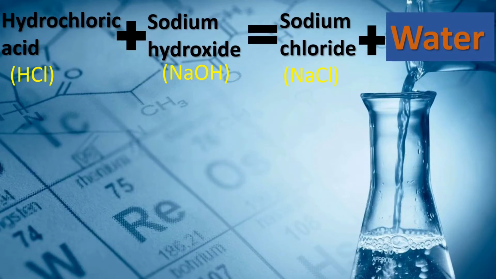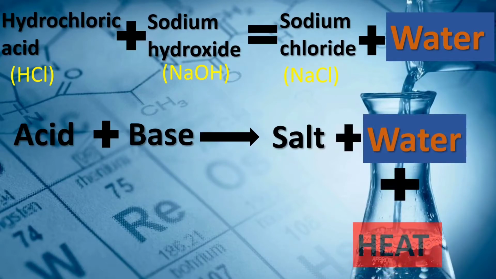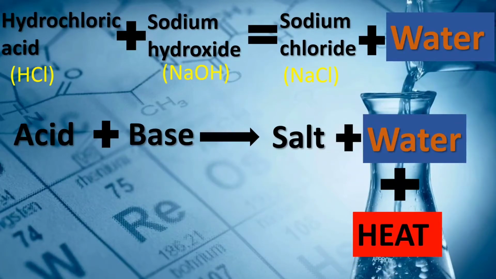So you have been knowing this reaction, that when an acid and a base are mixed, what forms is a salt, water and some amount of heat is released. This is what happens when an acid and a base are mixed.